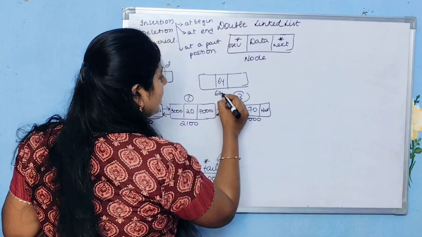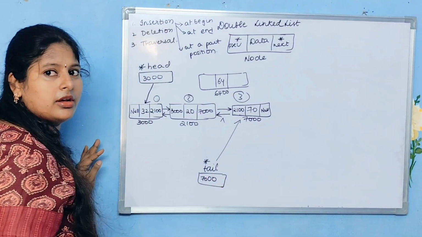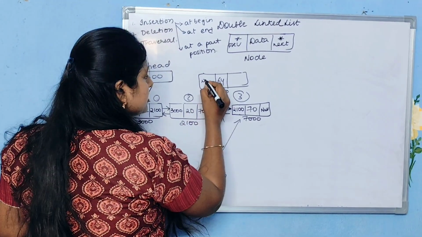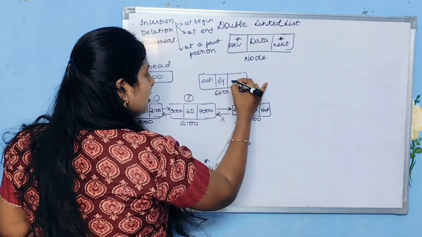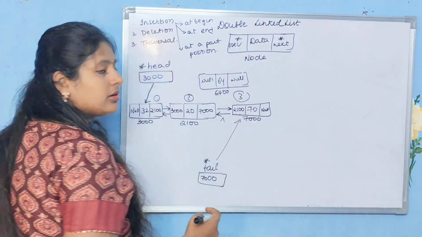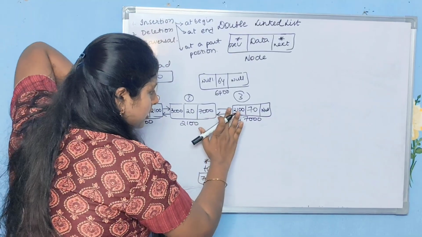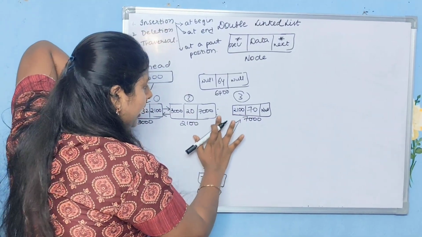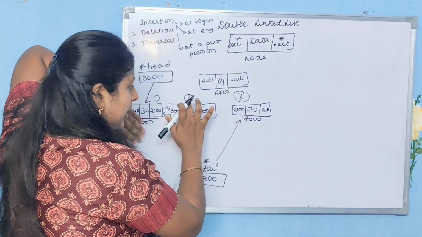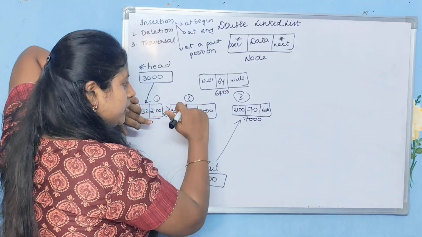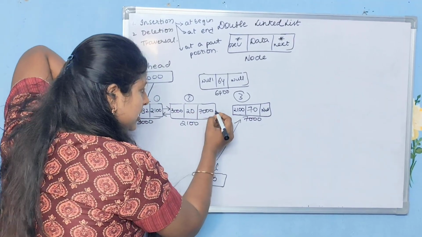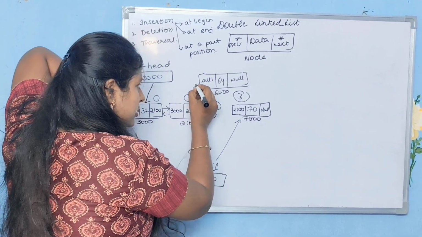Suppose this is stored at the address 6400. Right. Initially it was null, since there are no connections established. Right. Now I want to add after 2 and before 3. That means between 2 and 3. So I have established connections.